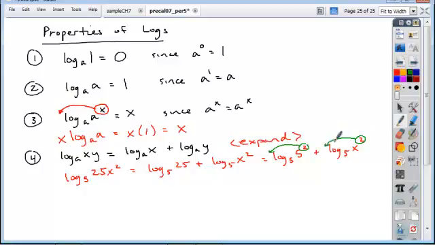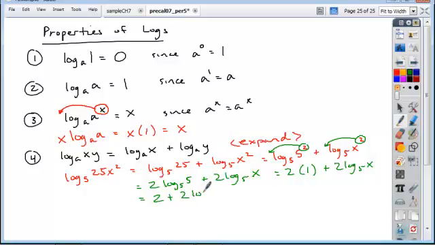So we can continue to simplify this in the form 2 times log 5 of 5 plus 2 times log 5 of x. And what can we replace log 5 of 5 with? The value of 1. So we can simplify this even further: 2 times 1 plus 2 times log 5 of x, so that you get your final simplified form of 2 plus 2 log 5 of x.